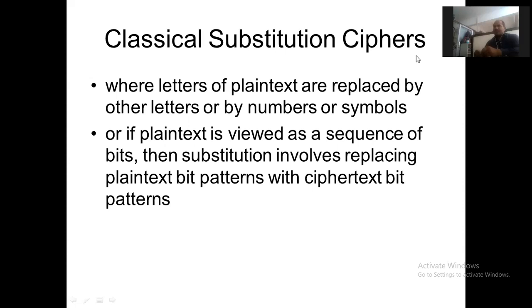This is called a substitution cipher. Here the letters of plain text are replaced by other letters or by numbers or symbols. Or if plain text is viewed as a sequence of bits, then substitution involves replacing plain text bit patterns with ciphertext bit patterns.